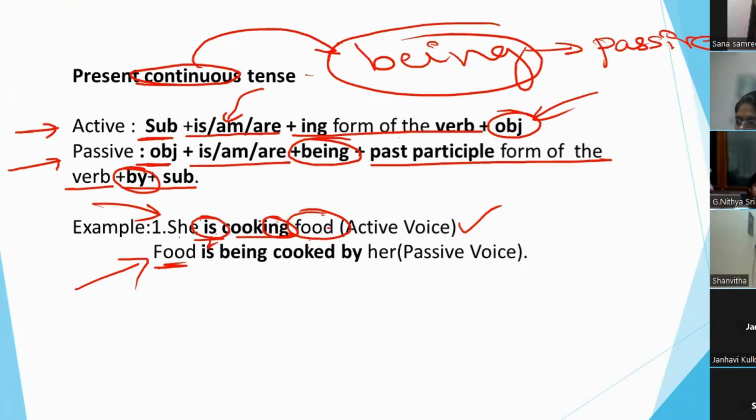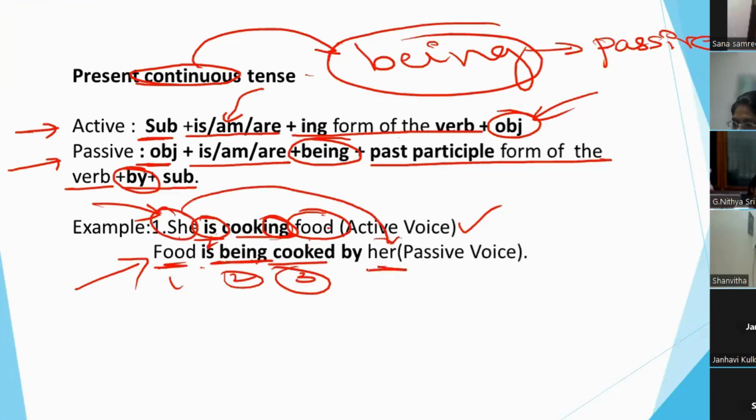As it is in the ing form, use being. Is being. So this is our rule number 2. And then cooked is V3 of cook. This is our rule number 3. And then she becomes her in your passive voice. This is rule number 4 and put by before it. So she is cooking food becomes food is being cooked by her. This is how you have to change.